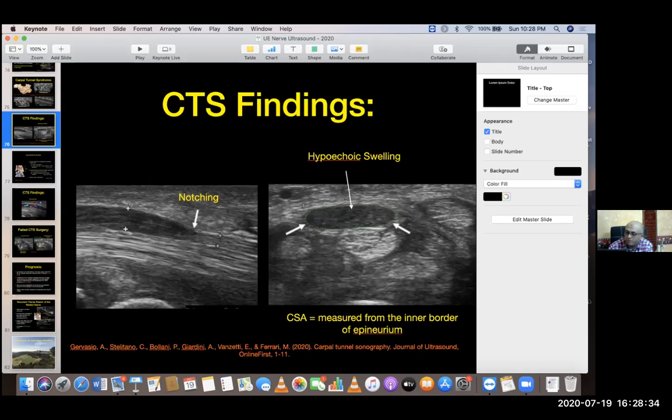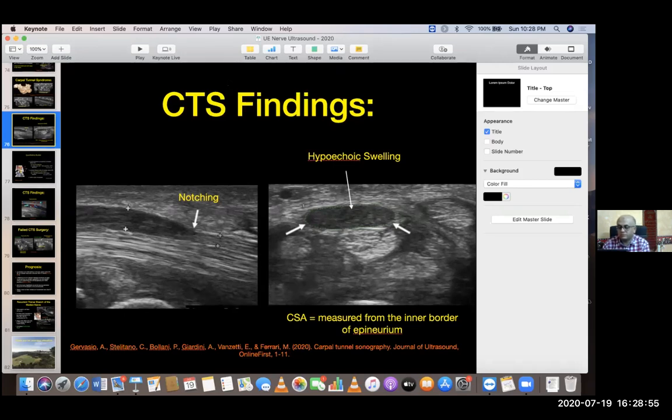That procedure ensures that you don't hit the thenar motor branch, but at the same time, you completely release the flexor retinaculum. So these are new ways of treating carpal tunnel.